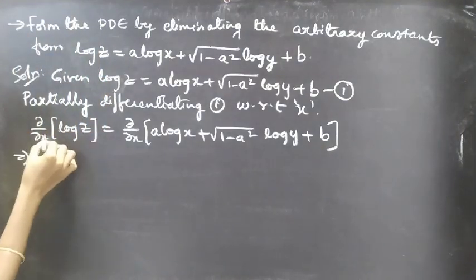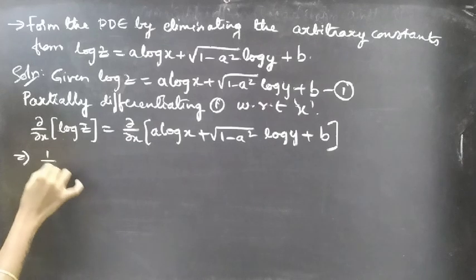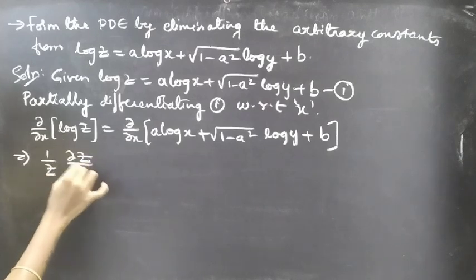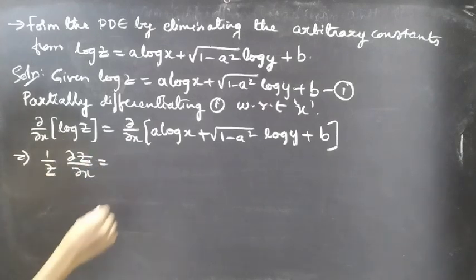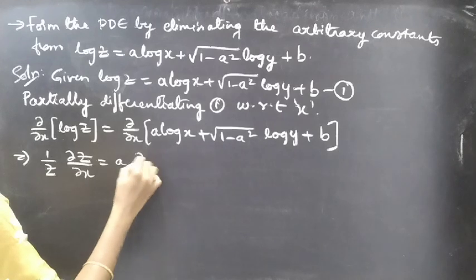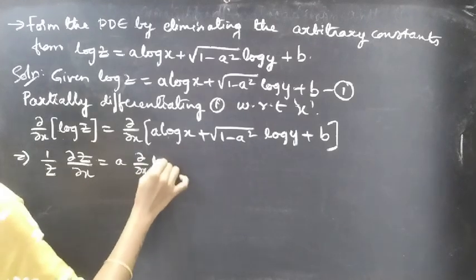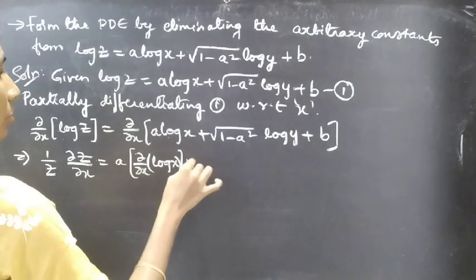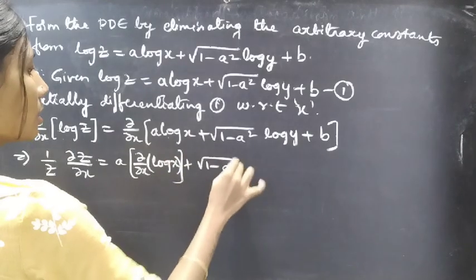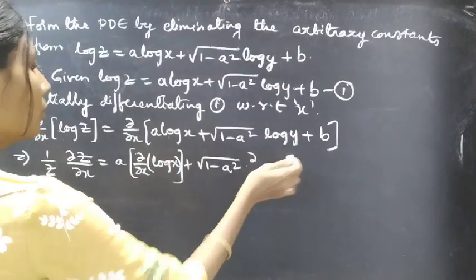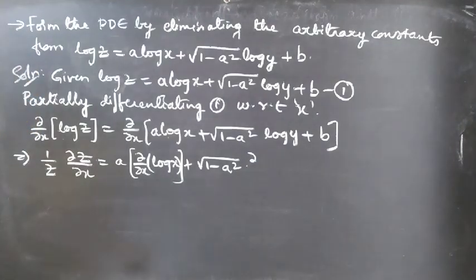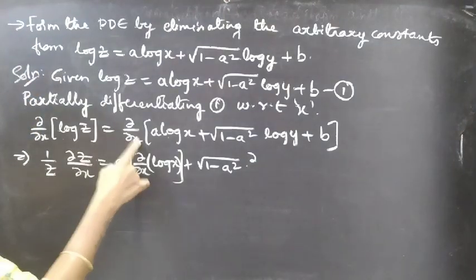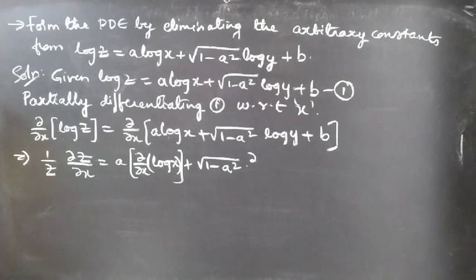Partial derivative of log z with respect to x is 1 by z into dou z by dou x equal to a into dou by dou x of log x, since a is constant, plus constant 1 minus a square into log y is also constant, since we are partially differentiating with respect to x.